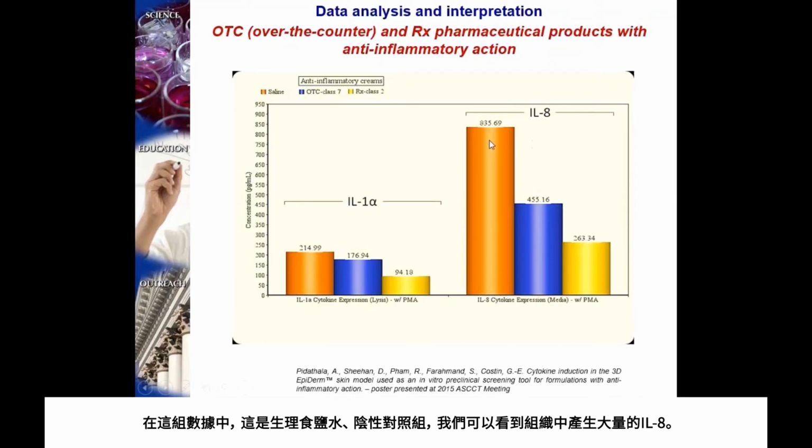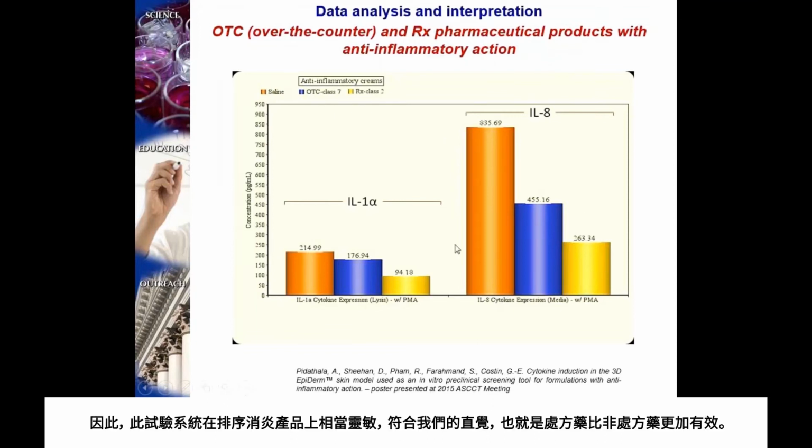So what we can see in this set of data is that this is the saline, the negative control, and we can see a large amount of IL-8 that is produced in the tissues. The over-the-counter anti-inflammatory cream reduced this level by about a half, and the prescription drug reduced it even more.